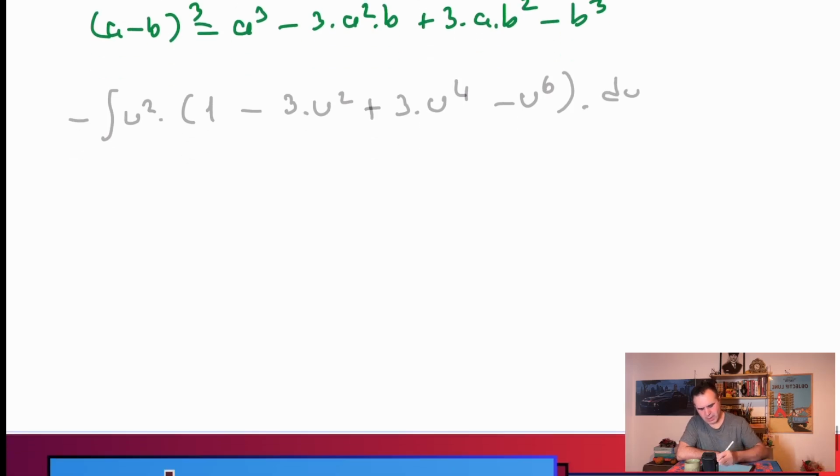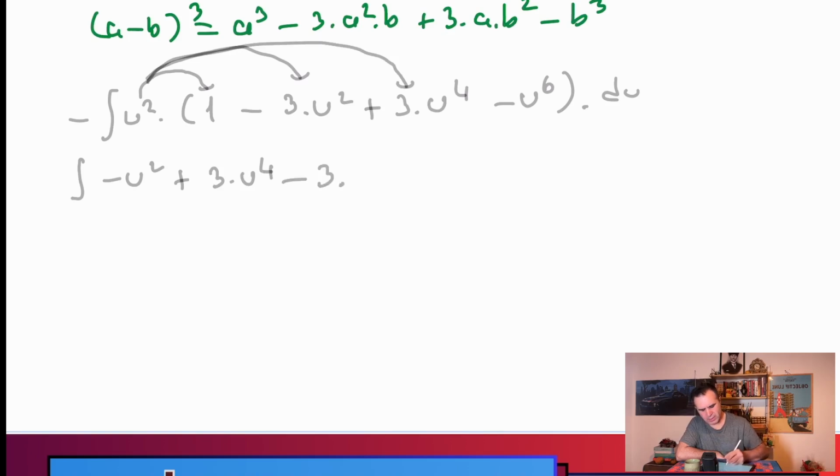And now multiply u square by 1 and the integral becomes minus u squared, since we have a minus sign here, plus 3 times u to the power of 4 minus 3 times u to the power of 6 plus u to the power of 8 du.